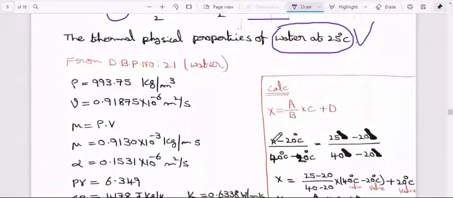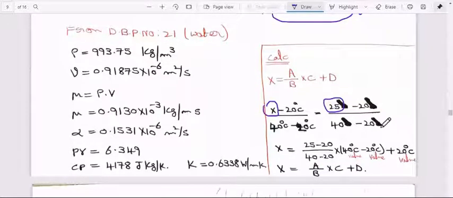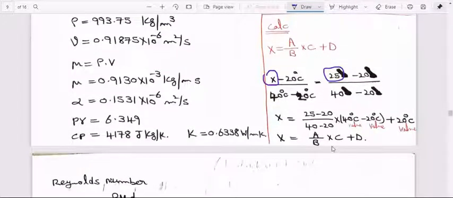That's why I'm calculating this equation: x minus 20, that is the required value minus the lower value, whole divided by the range between the two temperatures, that means 40 minus 20. So we need to substitute like this: x equal to 25 minus 20 by 40 minus 20.